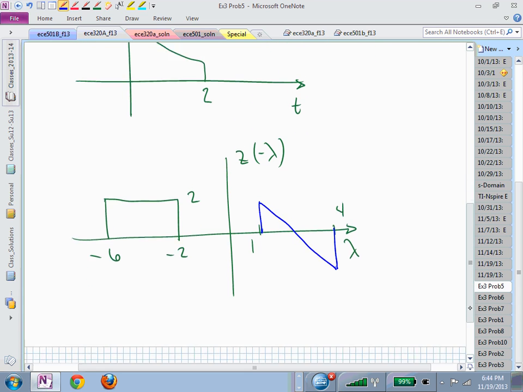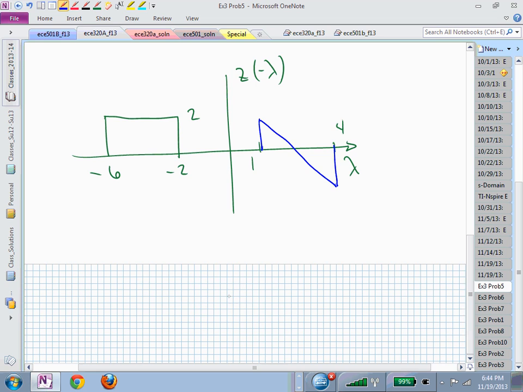That's z of minus lambda, but that helps me actually determine pictorially z of t minus lambda. Because now what I want to do is slide or make t small enough in value negative so that this endpoint at 4 is way outside wherever my impulse might start.